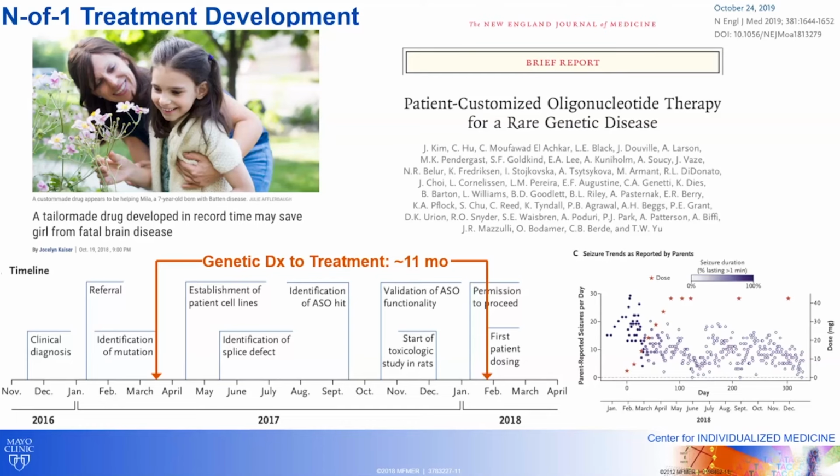And after realizing what the cause was, he was able to design, develop, test in her cells, and work with the FDA to get a sort of a hybrid compassionate use research IND to treat her with an experimental ASO in under a year. No one has brought a new drug to market in such a rapid time frame for a rare disease patient like this. So what we can do is different now than maybe what it was even just a handful of years ago.